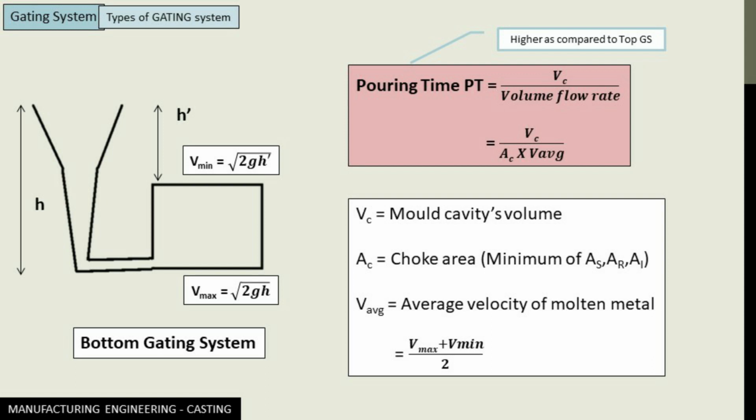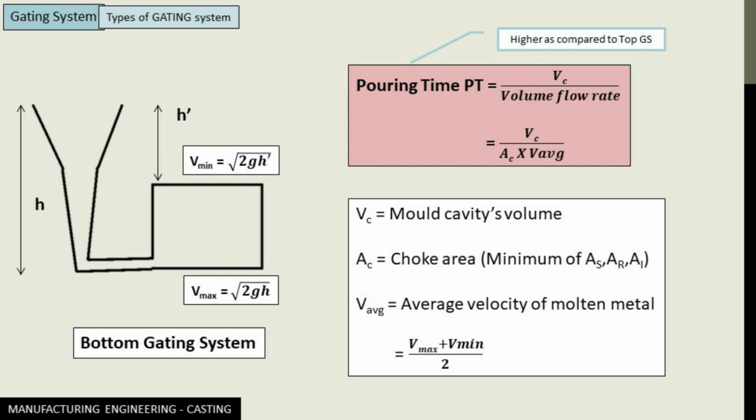However, the pouring time formula slightly changes. Here, instead of writing V_max, just like in case of top gating system, we are writing V_average, because an average of both maximum and minimum velocity has to be taken.